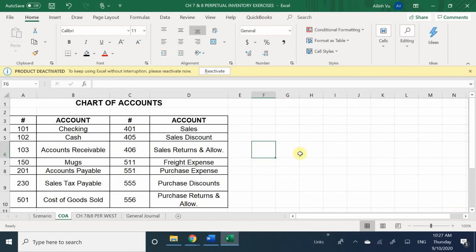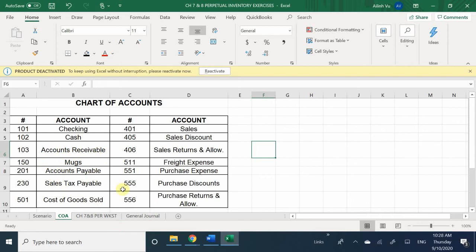Would it be cost of goods sold? Cost of goods sold. And then what's the last one? Where are we taking things out of inventory? Inventory, yes. I'm giving you a hint here.